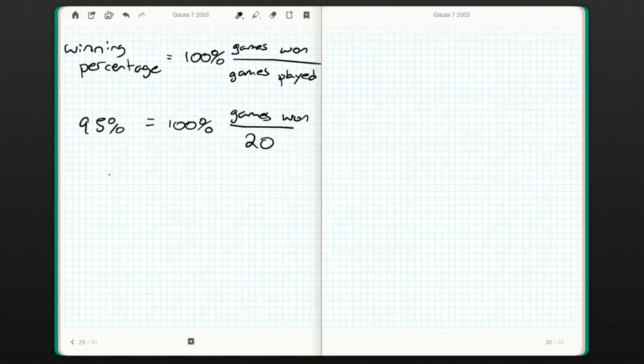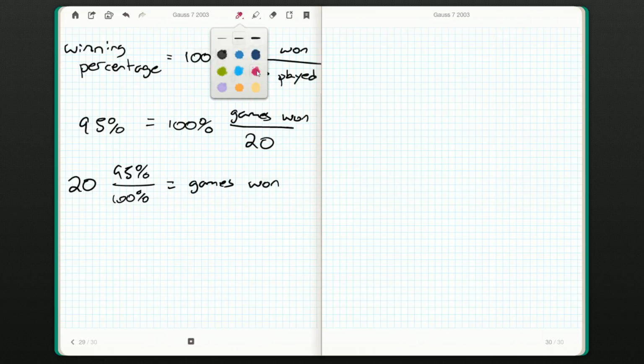So now what we can do is rearrange this. We can multiply by 20 on both sides, divide by 100% on both sides. And that will tell us how many games Luke already won at the start of the question. Okay. So percent signs cancel out, and the 100 and 95, they both have factors of 5.